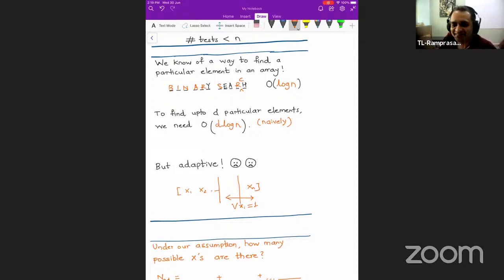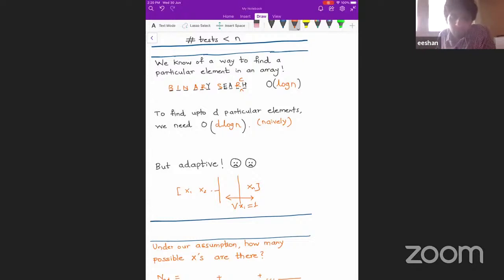Okay, but this is what we call an adaptive test. Why is that? As I told you, for the first test I just arbitrarily chose to pick the second half, pool all the samples in the second half and see what result I get. But the second pool test depended on the output of the first test. Had the OR of the Xi's in the second half been negative, I would have looked at the first half, because I don't have any positive cases in the second half.